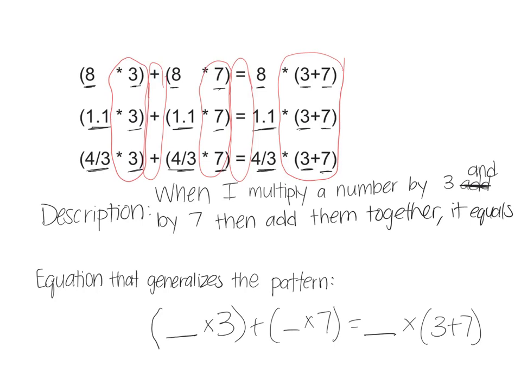So I wrote, when I multiply a number by 3 and by 7, then add them together, that's what I'm doing here, it equals, so let's see what's going on this side of the equal sign. So I'm multiplying the same number, multiply by 3 plus 7 every single time. So I can write, it equals that number times 3 plus 7.